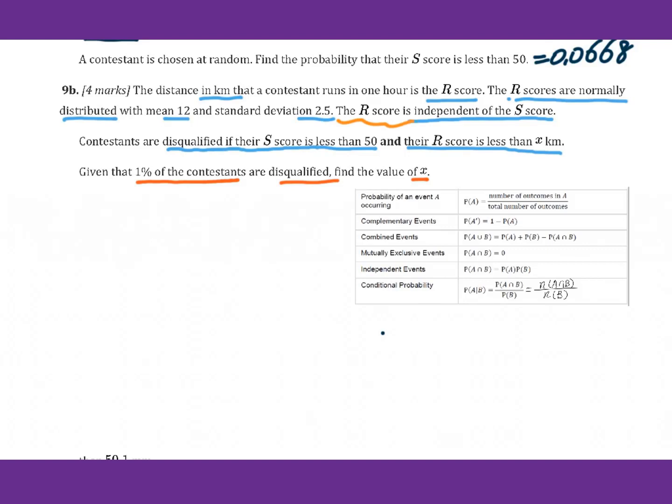Since the R-score is independent of the S-score, this is the formula you have to use.